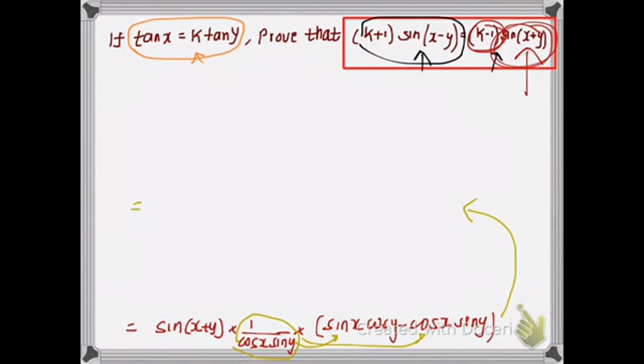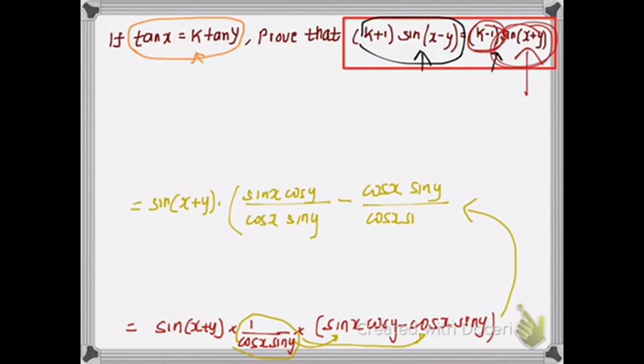So I'm going to write sin x plus y as it is, and then I have sin x cos y, and I shall divide it by cos x sin y, and then minus cos x sin y divided by cos x sin y, since we distributed this 1 divided by cos x sin y for both the terms inside the parenthesis, we get this term right over here.